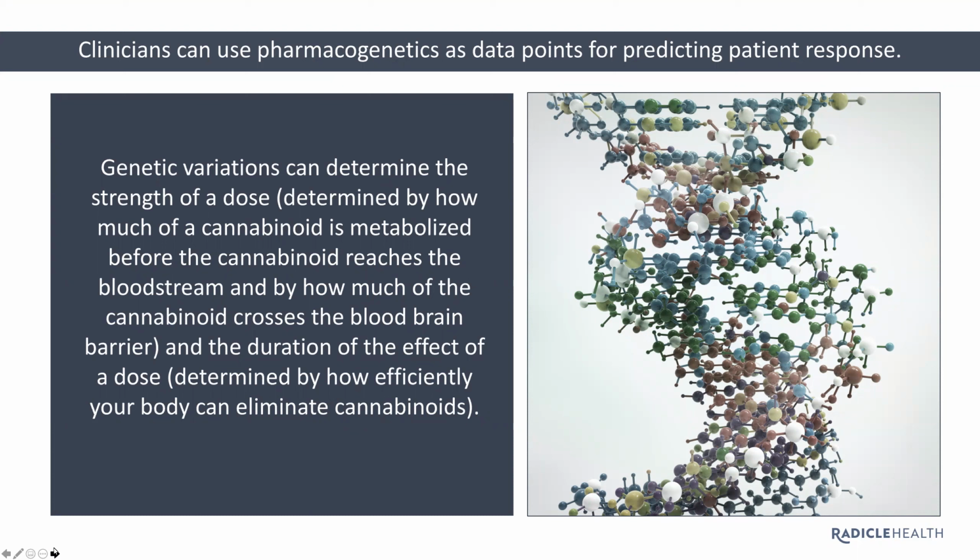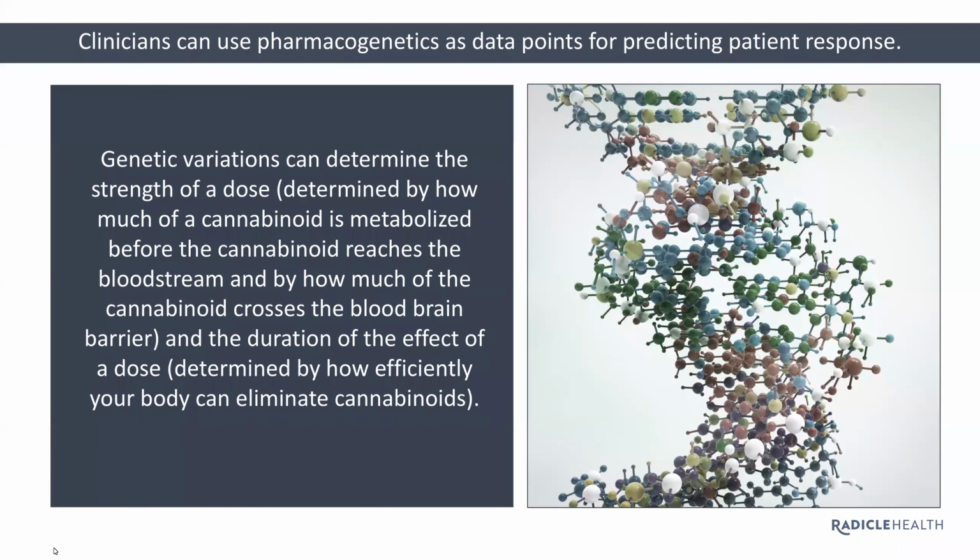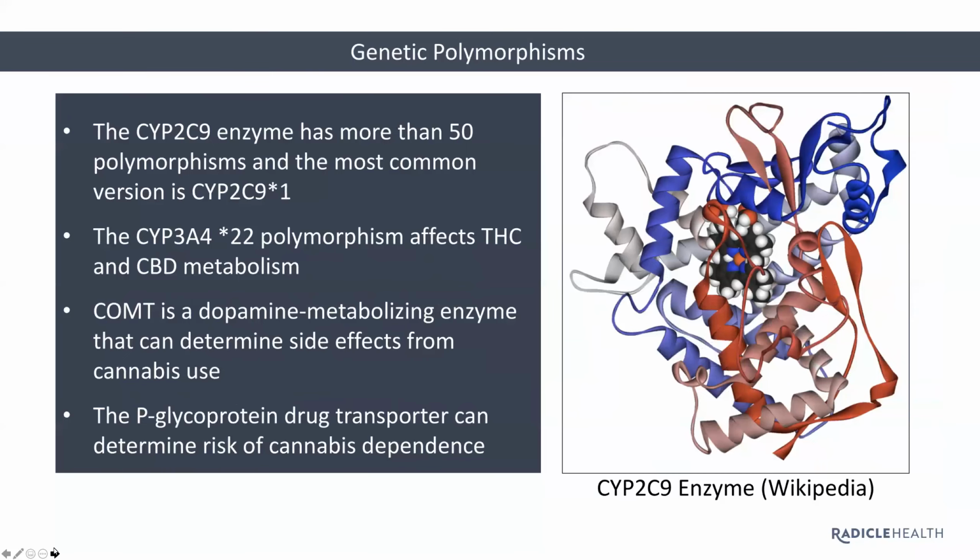These genetic variations can determine the strength of a dose, determined by how much of a cannabinoid is metabolized before the cannabinoid reaches the bloodstream, and by how much of that cannabinoid crosses the blood-brain barrier. They can also determine the duration of the effect of a dose, determined by how efficiently your body can eliminate cannabinoids. I can also look at polymorphisms.